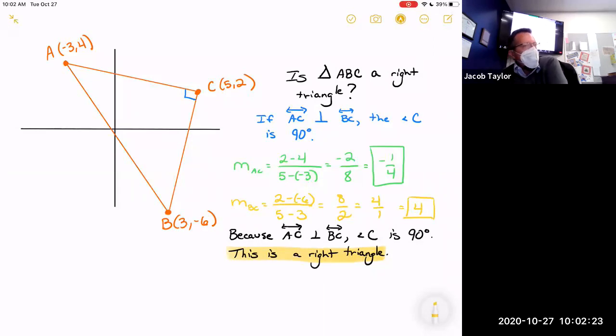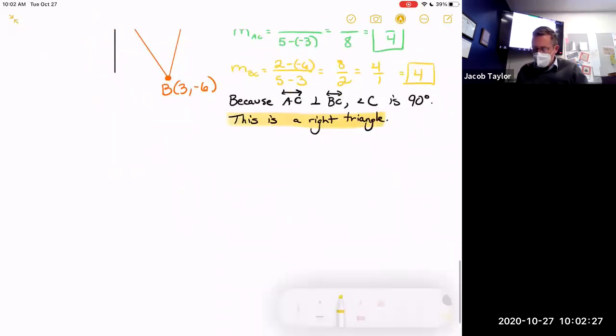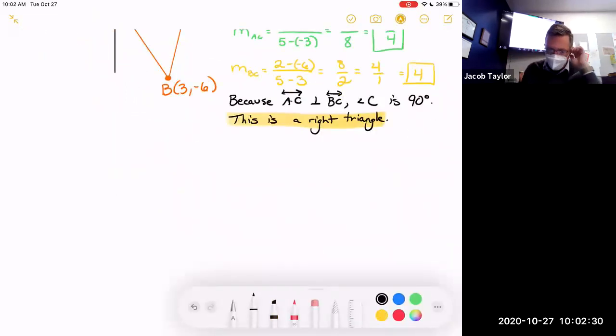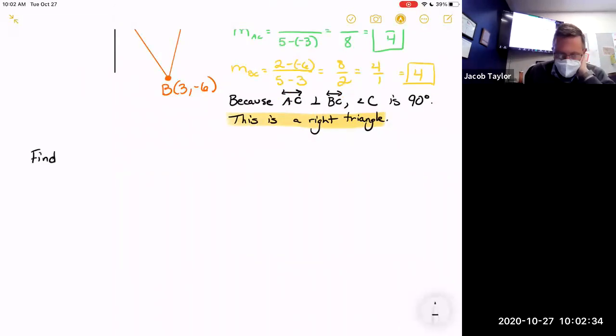So the last thing that we're going to talk about is how can you write your own equation for a parallel or perpendicular line? Last thing we're going to do today in math for now.